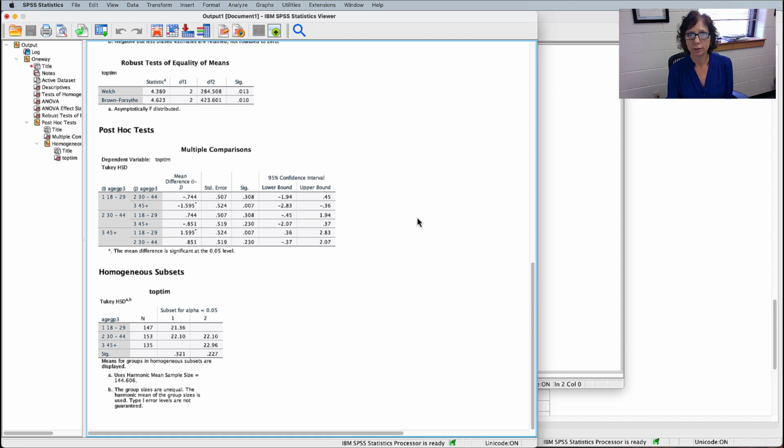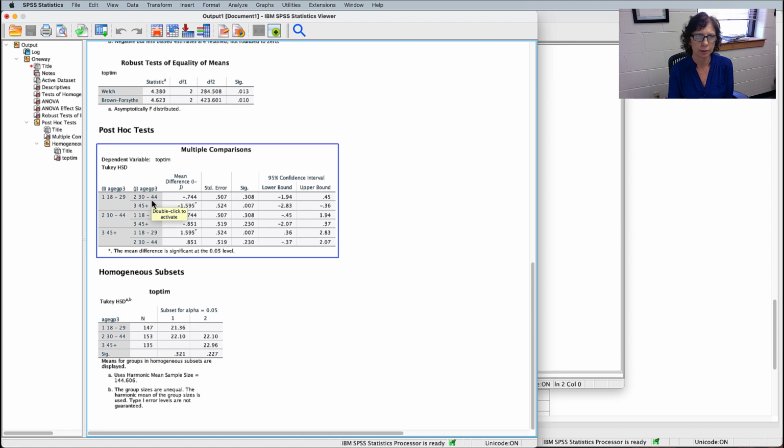So our ANOVA was significant. Our model says there are significant differences between the age groups here in terms of total optimism. So to check this out in more detail, we look at this multiple comparisons test. And what we have is the group and what it's being compared to.